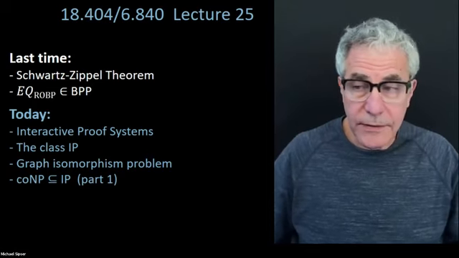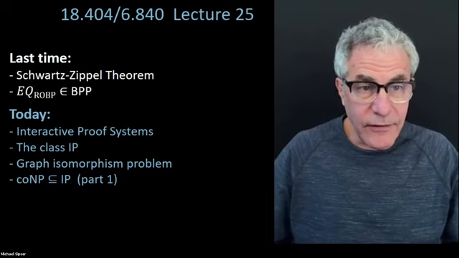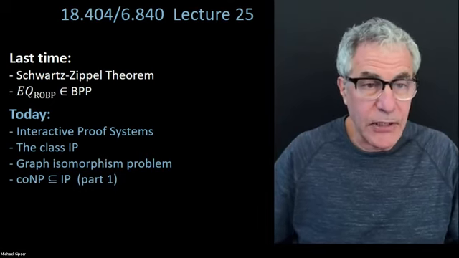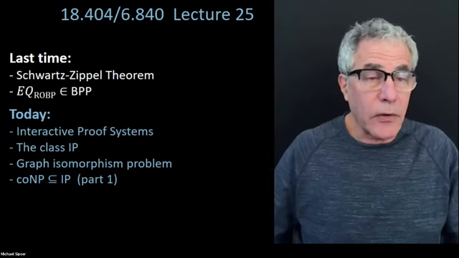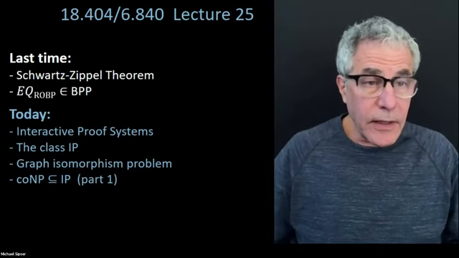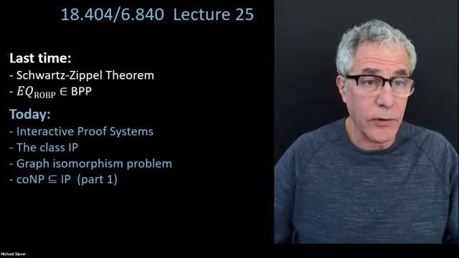Glad to have you all back for our next to last installment of Theory of Computation. Today, we are going to embark on the very last big topic for the semester.